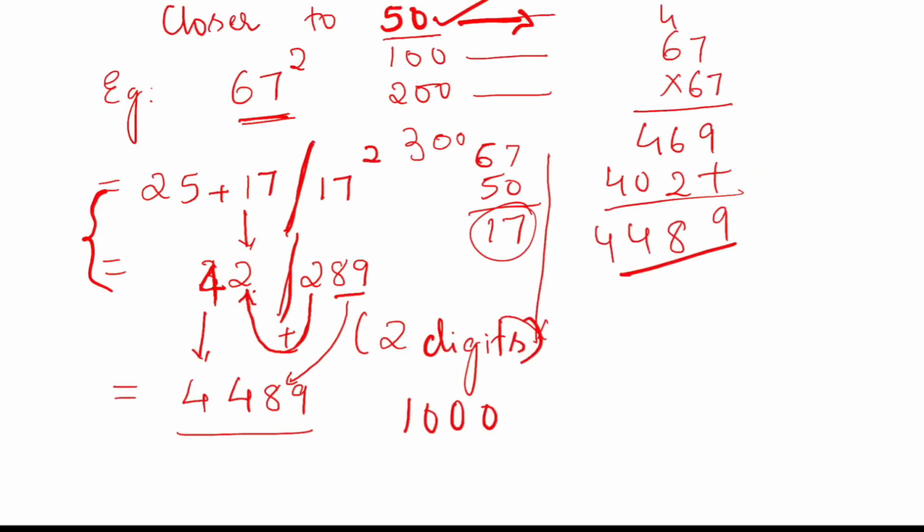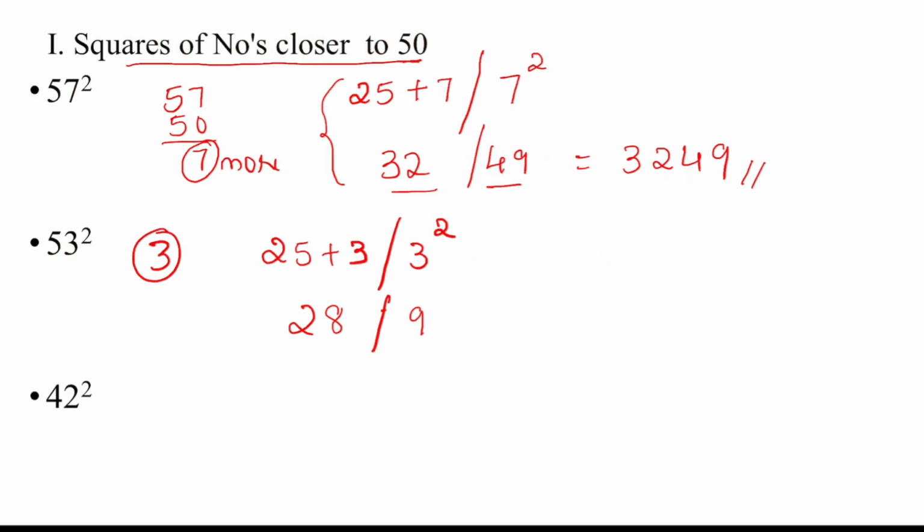I told you it is compulsory. Neither fewer than 2 digits nor more than 2 digits is allowed. Here we have only 1 digit, so how can we make it 2? Add a 0 before 9, not after, because that would change the value; after would make it 90. So it is 09. Now join these two: 2809. So 53 square is 2809.